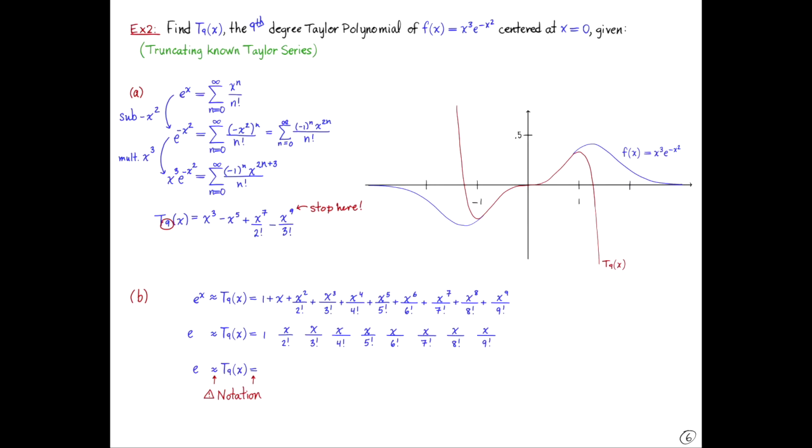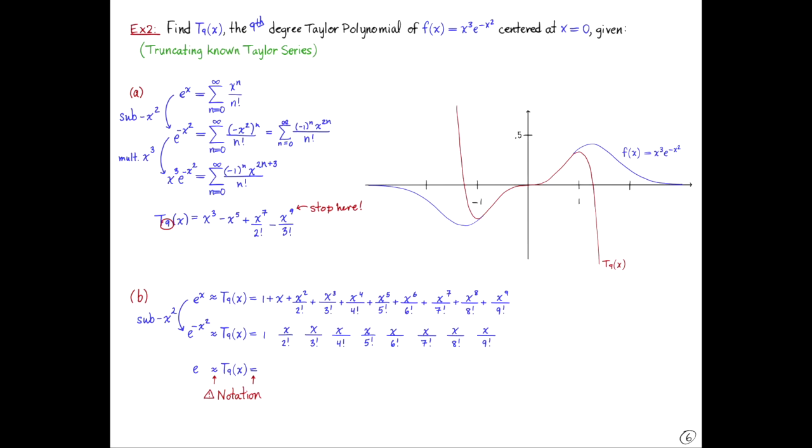Just like we can modify our series in sigma notation, we can also modify the individual terms. Let's begin by subbing in negative x squared, same as we did before. On the left-hand side, we have e to the negative x squared, but now on the right-hand side, we have to sub in negative x squared for every term.